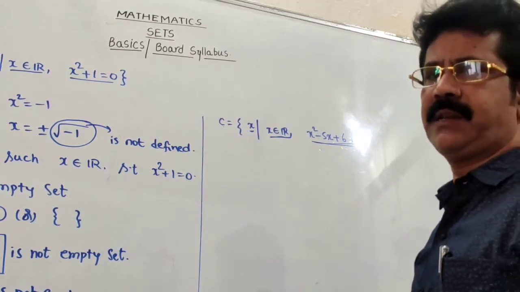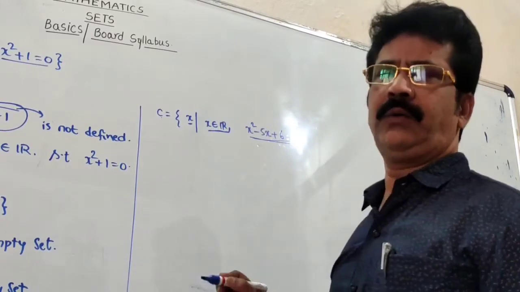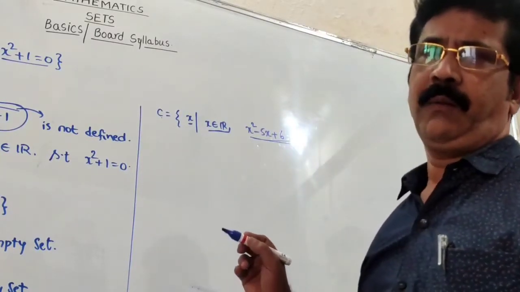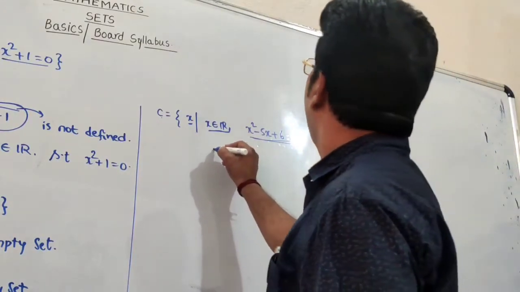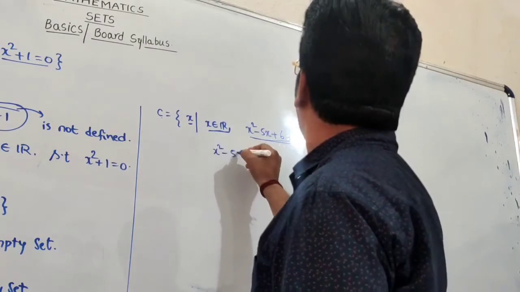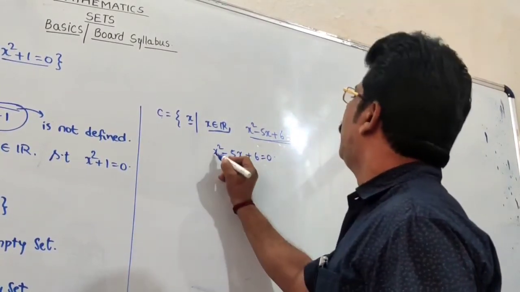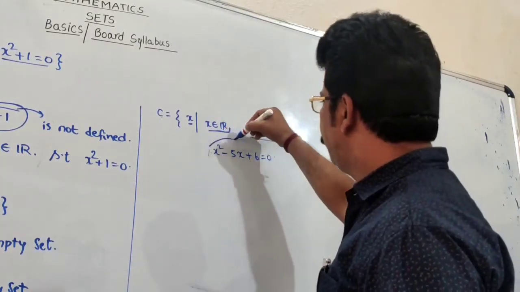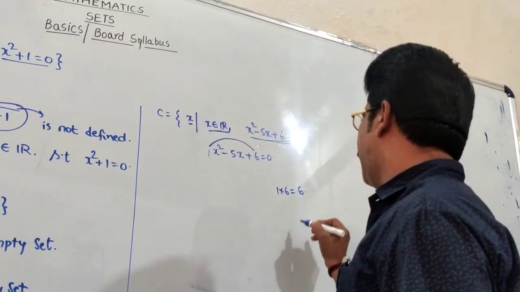In earlier classes, you learned very well how to find the roots or solutions of this equation. By using factorization, we can solve it. Here x square minus 5x plus 6 equal to 0. x square means 1 into x square, and 1 into 6 equal to 6.